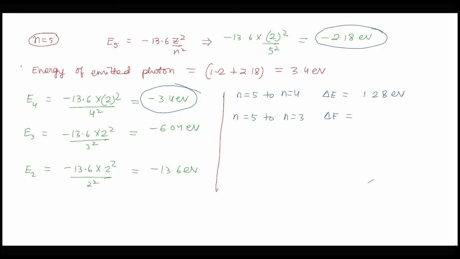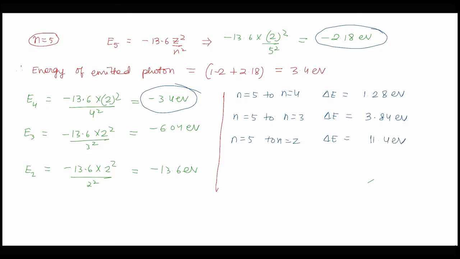If I subtract these two quantities, we obtain 3.84 electron volt. Next, we look at the transition from n equal to 5 to n equal to 2. That gives 13.6 minus 2.18, that is 11.4 electron volt.